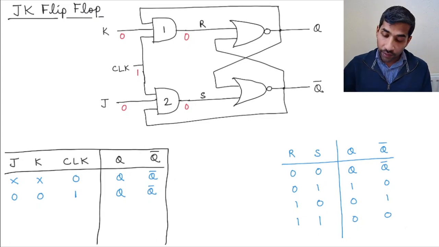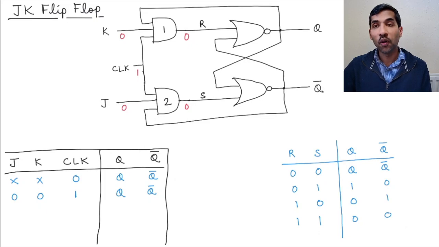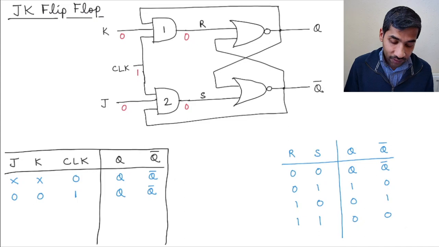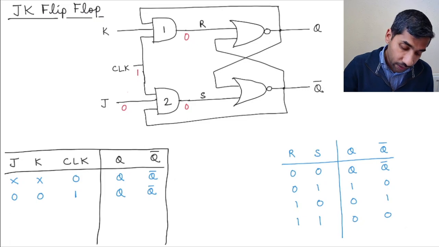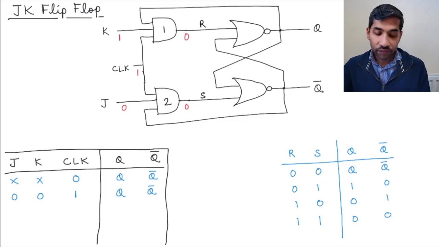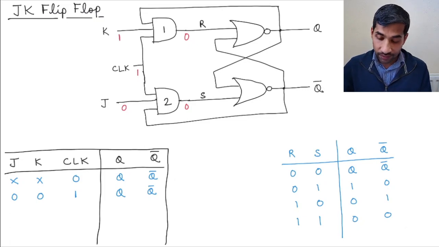Okay, now let's go into the more difficult aspects of the flip-flop. Let's try to make K equal to 1. Now if K becomes 1 and J is still 0, what's the output of AND gate number 2?